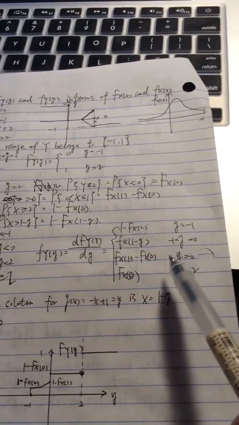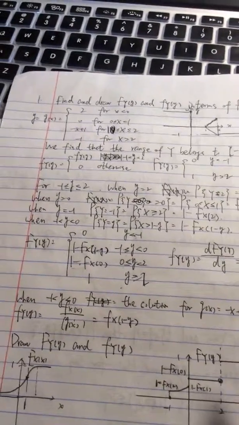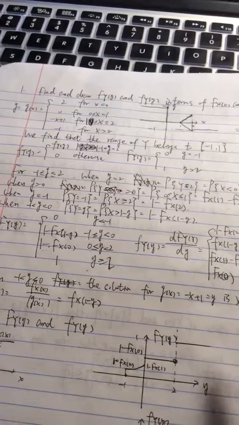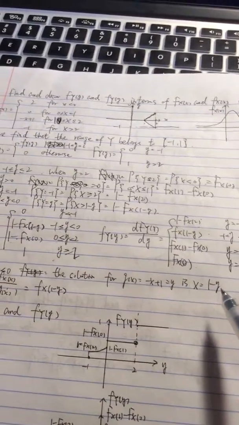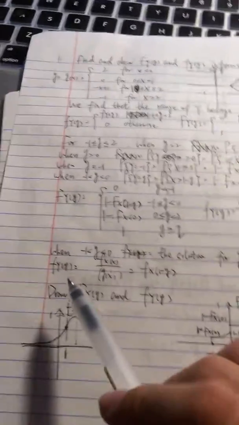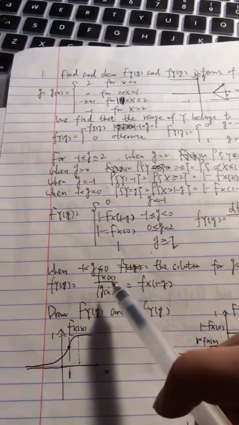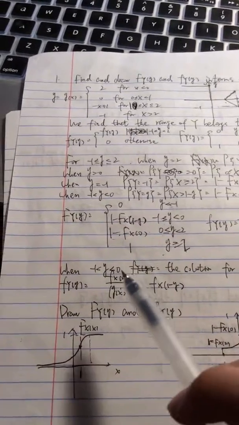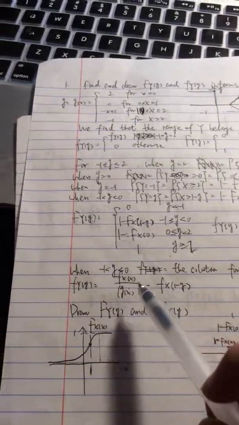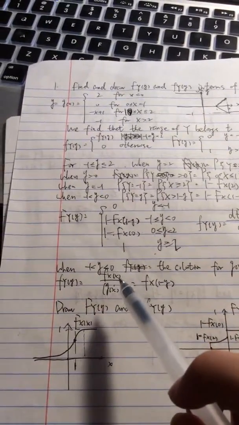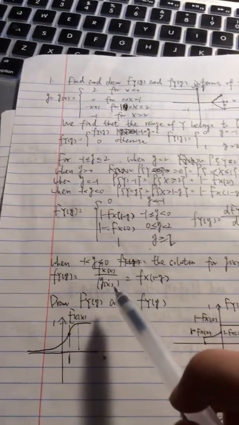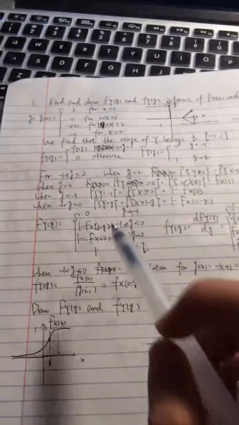And when y is greater than minus 1 and less than 0, we can find the solution for g(x) equals minus x plus 1. The solution is x equals 1 minus y. So the PDF of y just equals the PDF of x at the solution, divided by the absolute value of the derivative of g(x) at the solution.